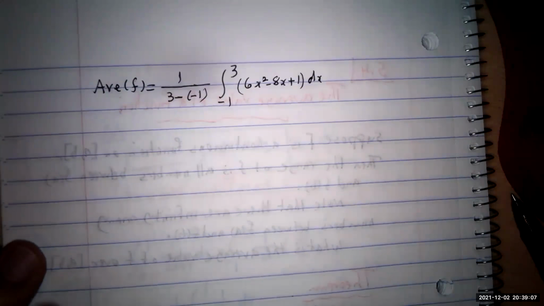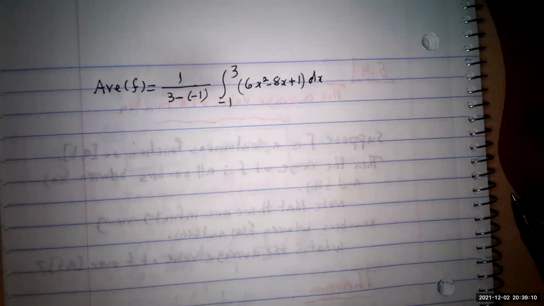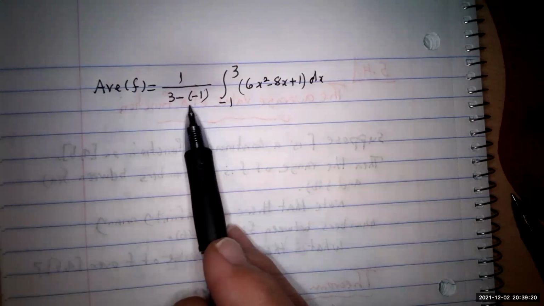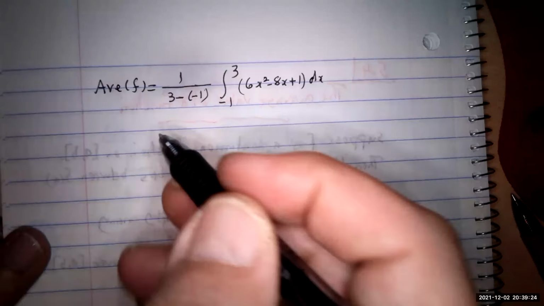Okay, any question? So we have the a and the b. A is -1, b is 3, and this is going to be the formula. 3 minus -1, negative would be positive, so this is 3 plus 1, which is going to be 1/4. So you just continue to find it.